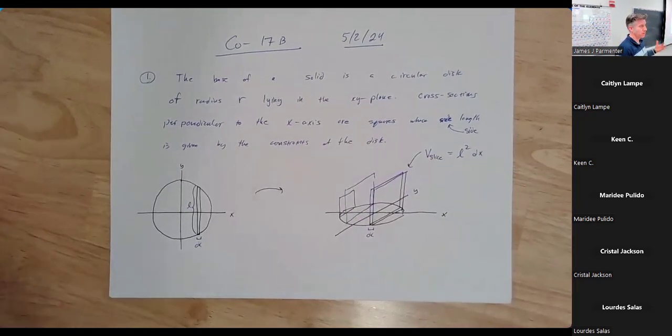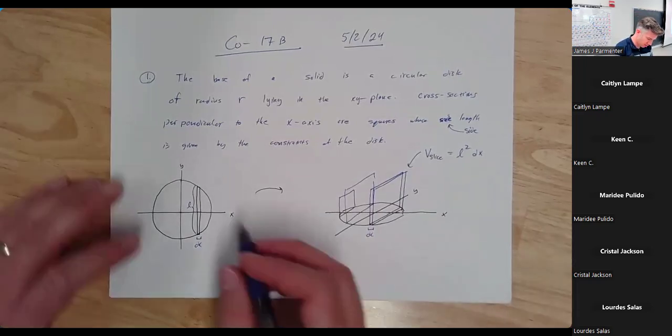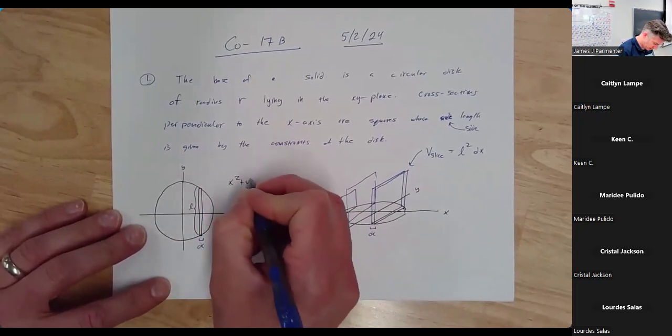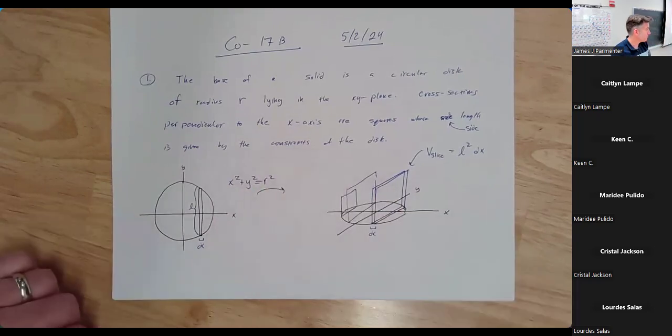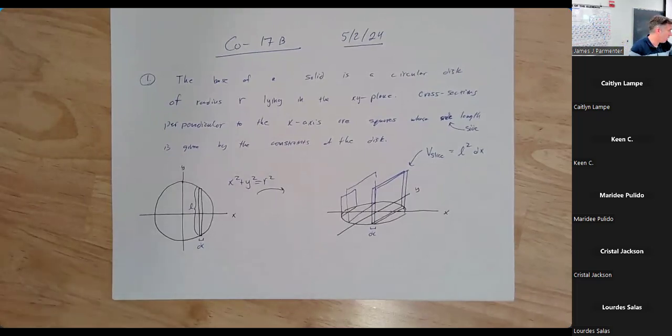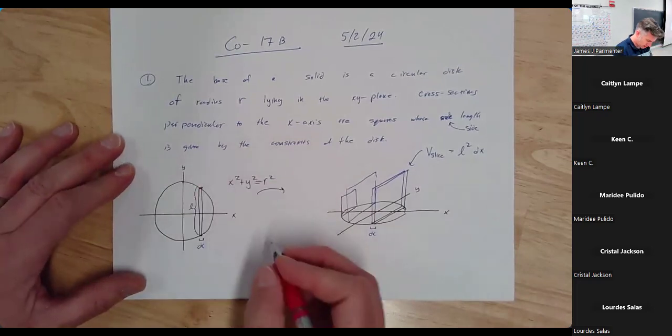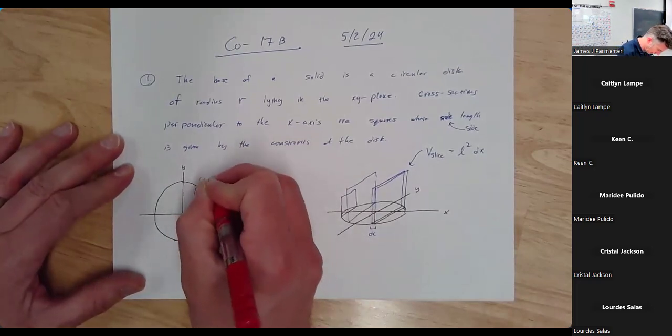Now, we need the area of the square to be in terms of the variable we're using, which is x. So we need to figure out a way to write this length in terms of x. So we need an equation that's going to relate x and y. So here's what we're going to do. The equation of this circle is x squared plus y squared equals r squared. That's the typical equation of a circle whose center is at the origin, radius r. And this point right here is the point x comma y.